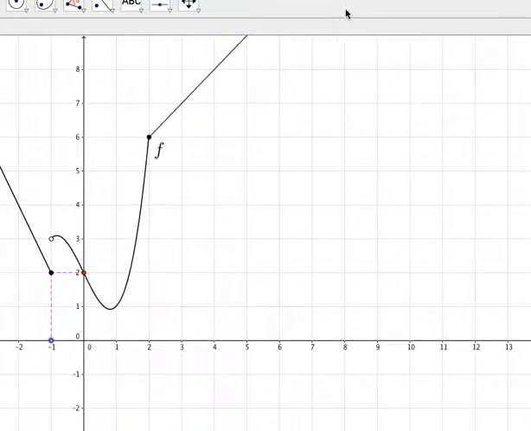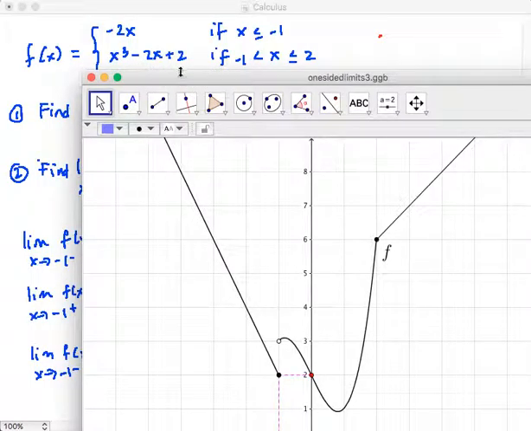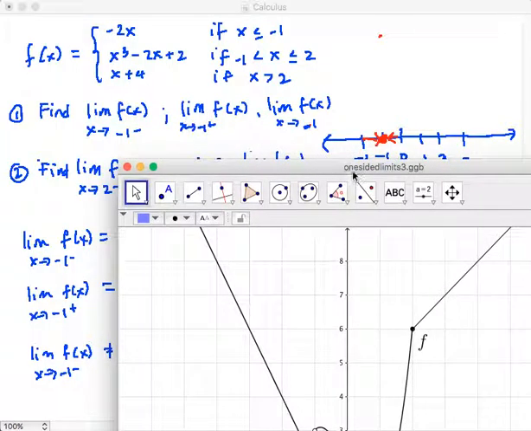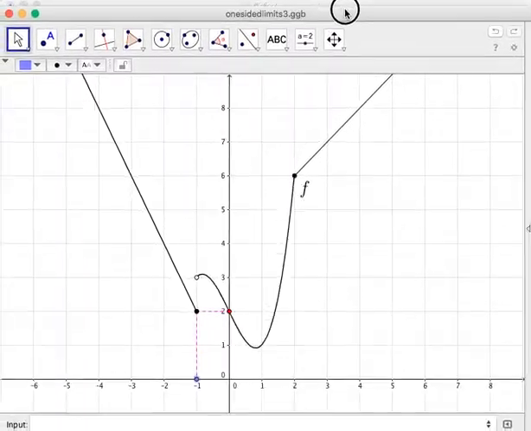Tapos, the x cubed minus 2x plus 2 between negative 1 and 2. Between negative 1 and 2. Yan siya yung curve. And then, yung x plus 4 here, ito yan. Part na yan.